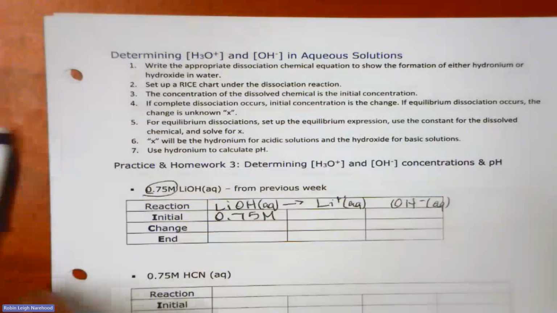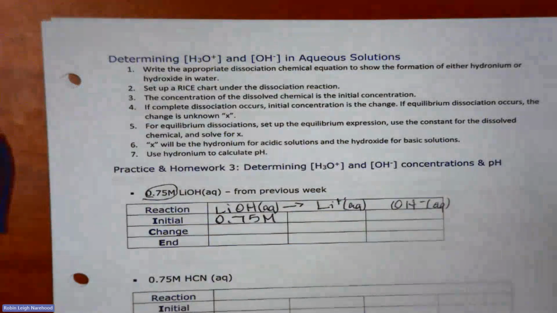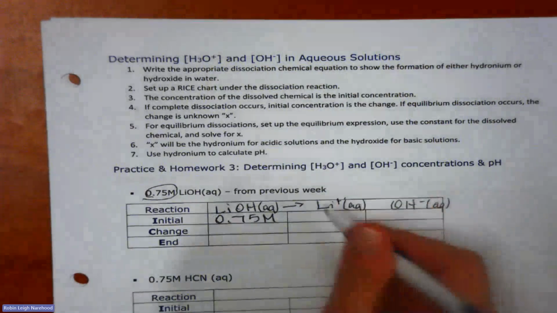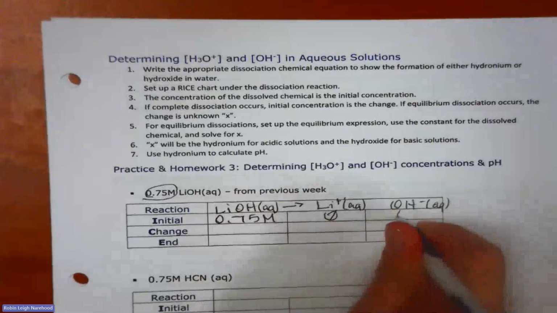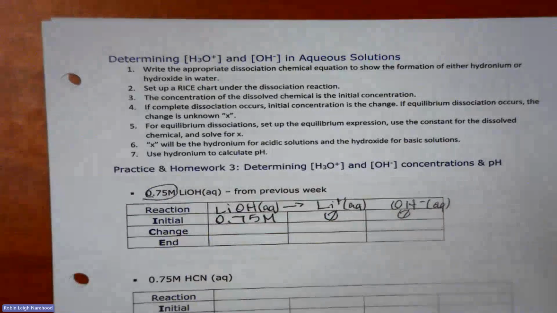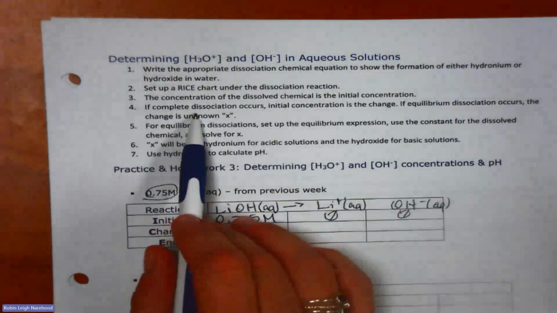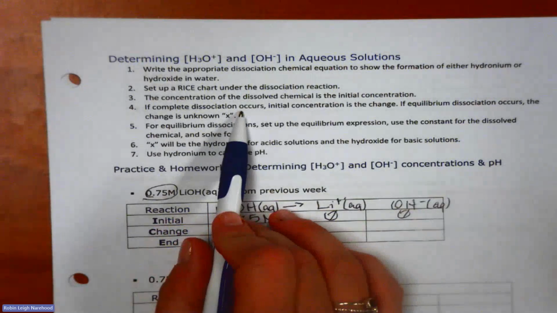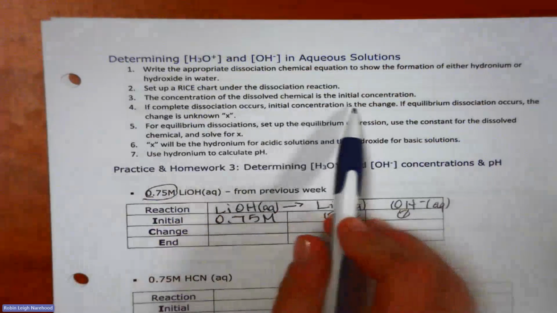Whatever chemical is dissolved, that concentration goes underneath that chemical's formula in your dissociation as the initial concentration. And we do not have any measurable lithium or hydroxide. If it is complete dissociation, your initial concentration is the change.